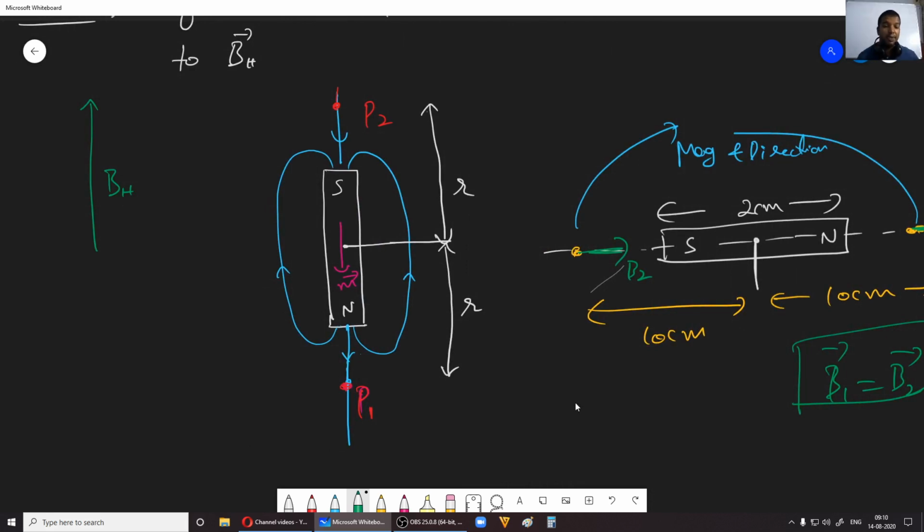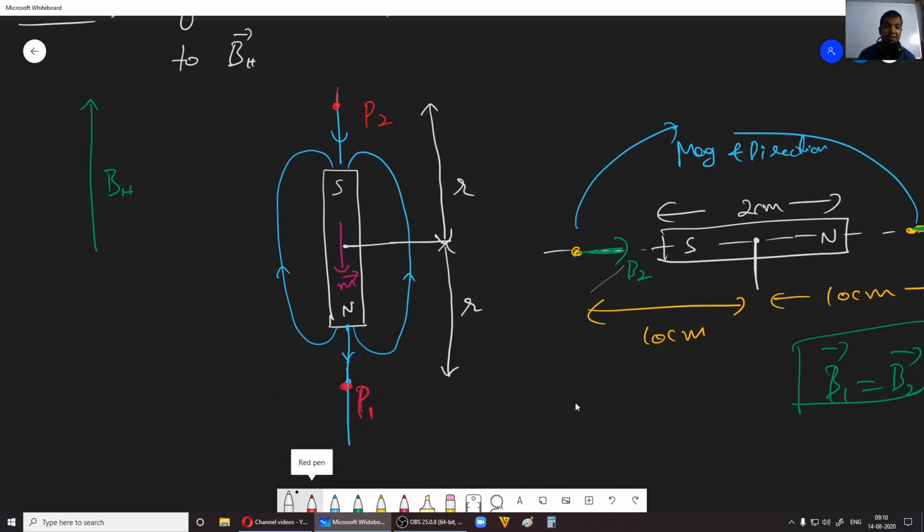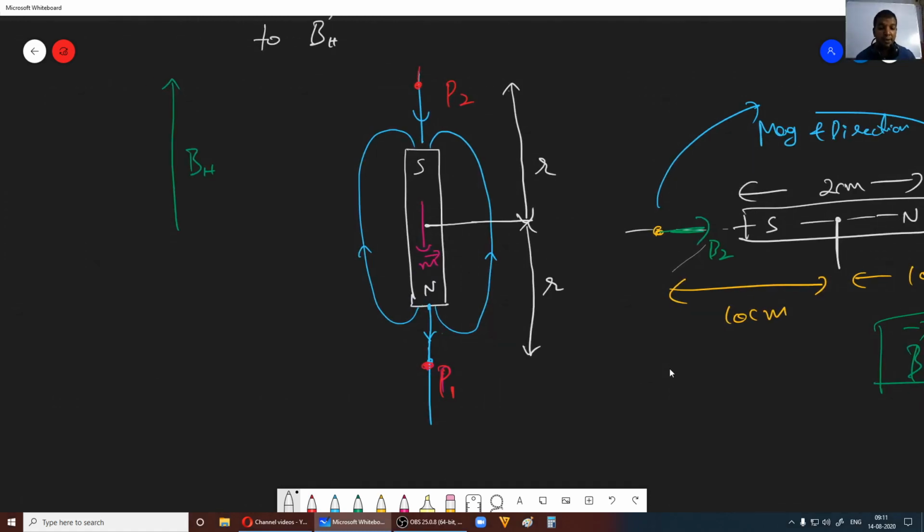So P1 and P2, the magnetic field at those points will be the same in magnitude and direction, because it's a vector quantity. The reason is that P1 and P2 are at the same distance from the center of the bar magnet.